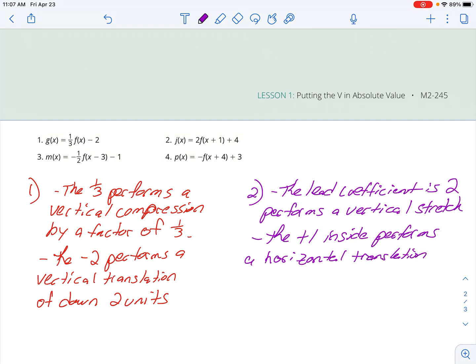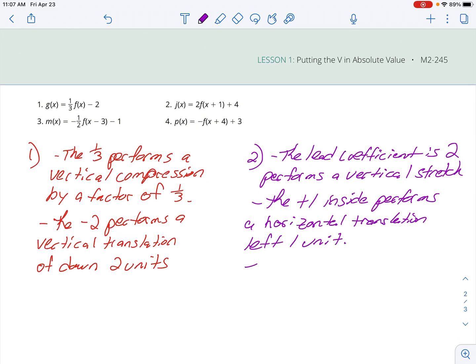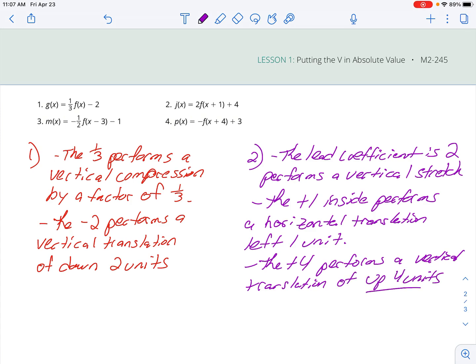It's just a slide. And it's a +1. We would think it goes to the right, but actually it goes to the left. So it performs a horizontal translation left 1 unit. It's always the opposite of what you think when it's inside. The +4 then performs a vertical movement, a vertical translation of up 4 units.